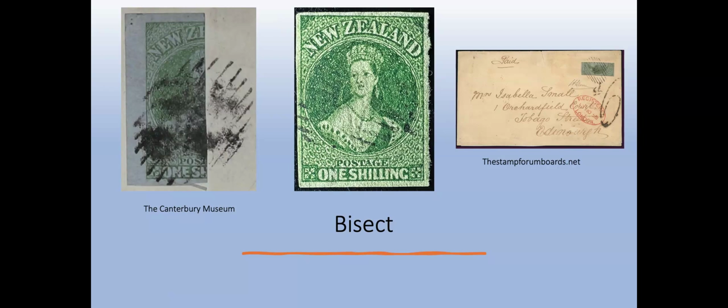And the postmaster in Otago, in the bottom of the South Island there, he had no 2-penny stamps, so he bisected the 1 shilling stamps for the 6-penny rate for letters to go from New Zealand to the United Kingdom. The stamp on the left there, the bisect, is an image from the Canterbury Museum, and the cover on the right is an image from stampforumboards.net.